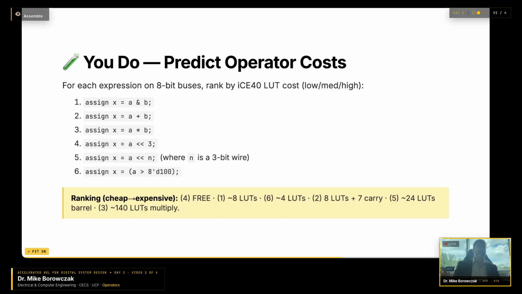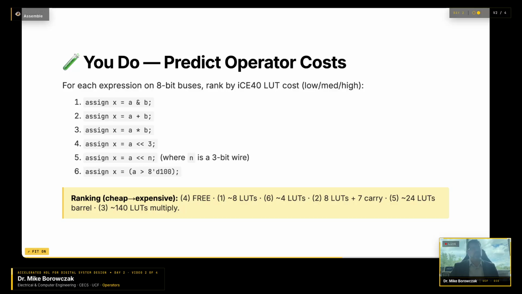The multiply, we're going to see in a second. We assume it's going to take more LUTs. And 3, the multiply, and 5, the barrel shift, essentially the shift by an unknown width, are definitely our most expensive, with the multiply being about 140 LUTs.